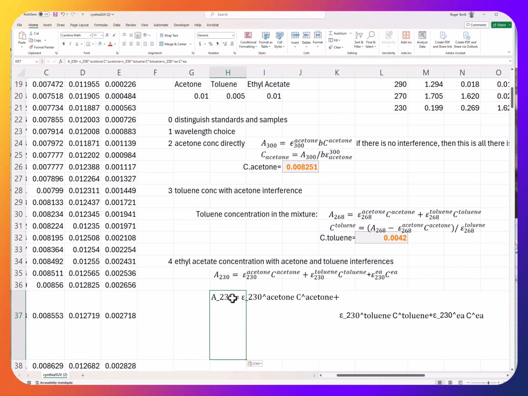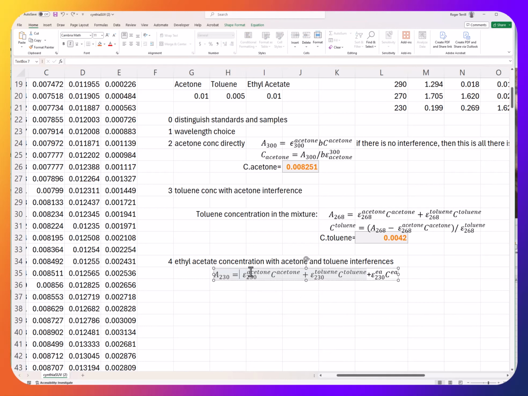Whoops. There we go. I'm not sure why it does that. So I'm just going to say CEA equals A230.